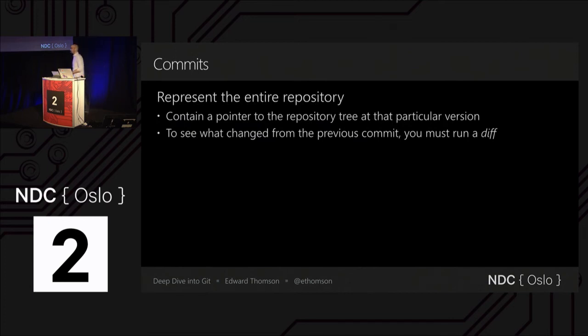So what does it mean when I say we take a hash of the commit? What do I mean when I say of the commit? So a commit represents the entire repository. It's a snapshot of the entire repository at any state in time. That's not always so obvious, because if you run git log, or git show, for instance, what it'll show you on a commit is just the changes.